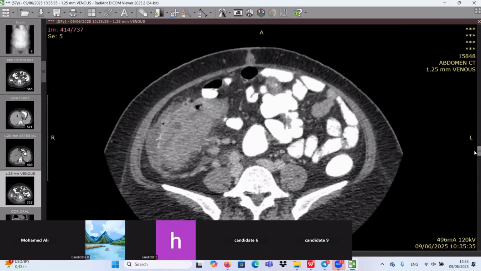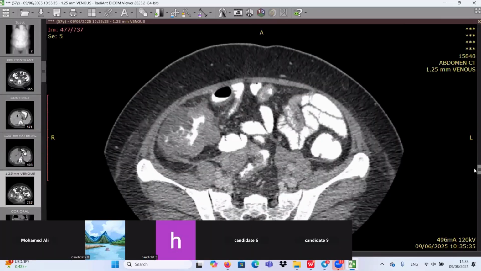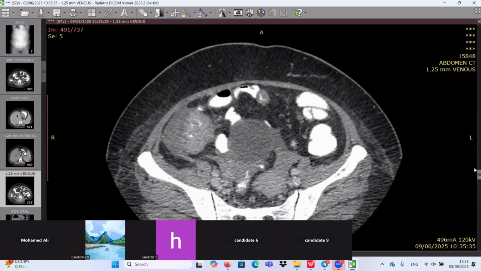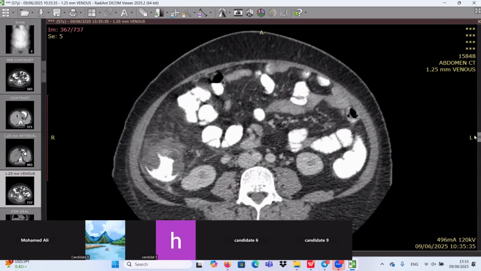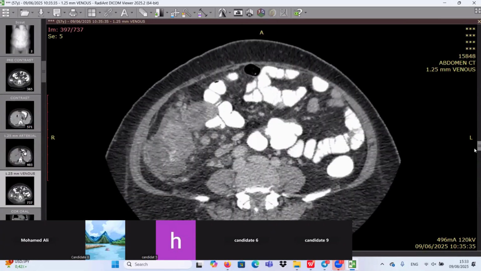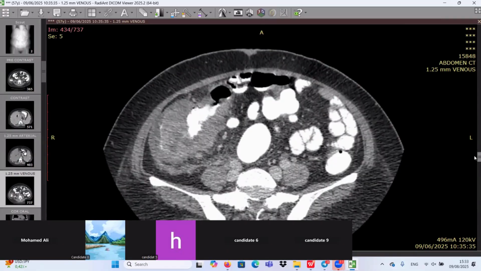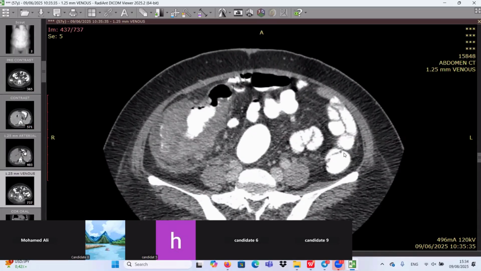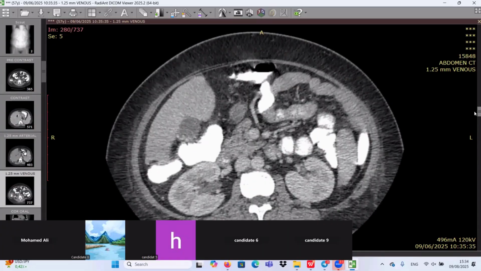I cannot see it. As this is a long segment, I would first think about inflammatory causes, but I would also put neoplastic cause in the differential. I would like to check it in coronal if possible.